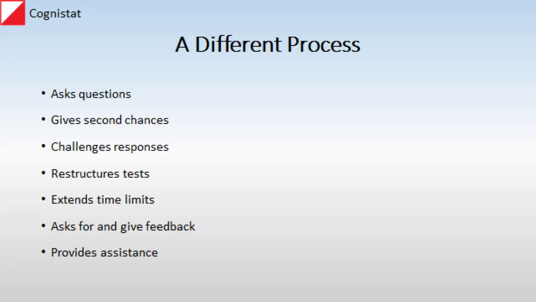It is okay for the clinician to ask questions, to give second chances on a test item, to challenge responses that are thought to be inadequate, to restructure tests to see if it has an impact on performance, to extend time limits, to ask for and give feedback to patients in an interactive process, and even provide assistance with a test in order to gauge the impact on the patient's ability to perform.